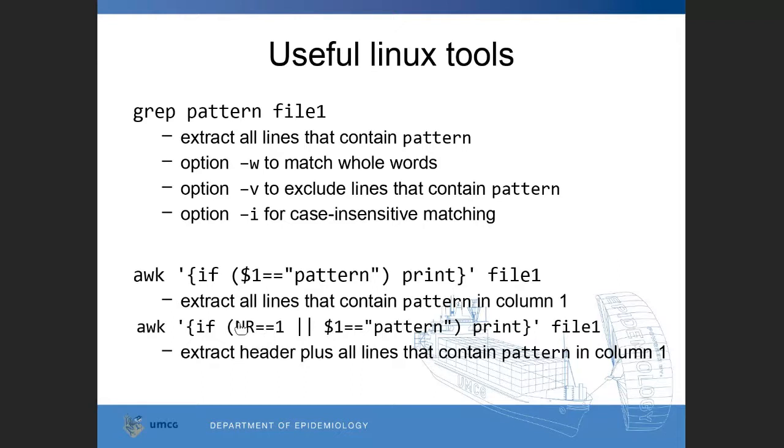When I add this NR equal to 1, it means I want to extract the first line, or, this means or, these double vertical slashes. If the first column is equal to pattern, then print it. This command will extract the header plus all the lines that contain pattern in column 1.